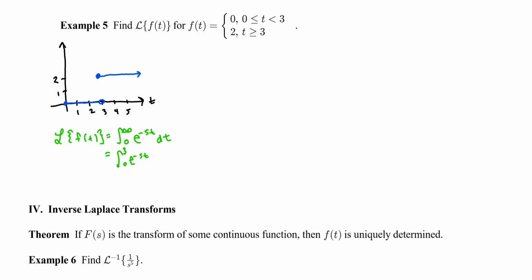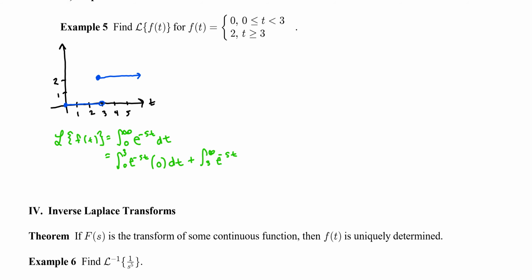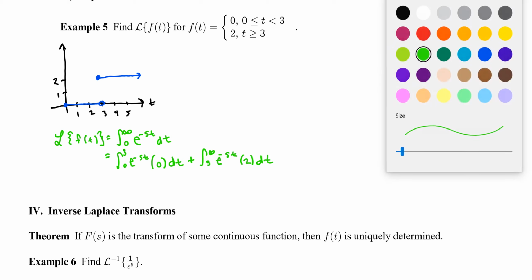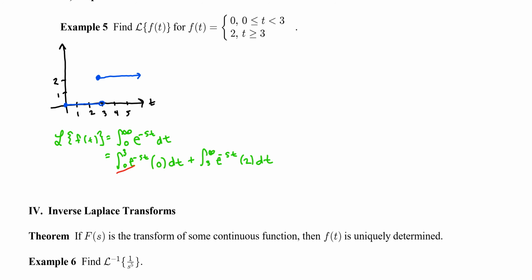Now remember, the function value here is 0. That's going to be an easy integral to evaluate. And then we'll evaluate from 3 to infinity, e to the negative st times 2 dt. Again, recognizing that that first integral has a value of 0, then we can work on the second integral.